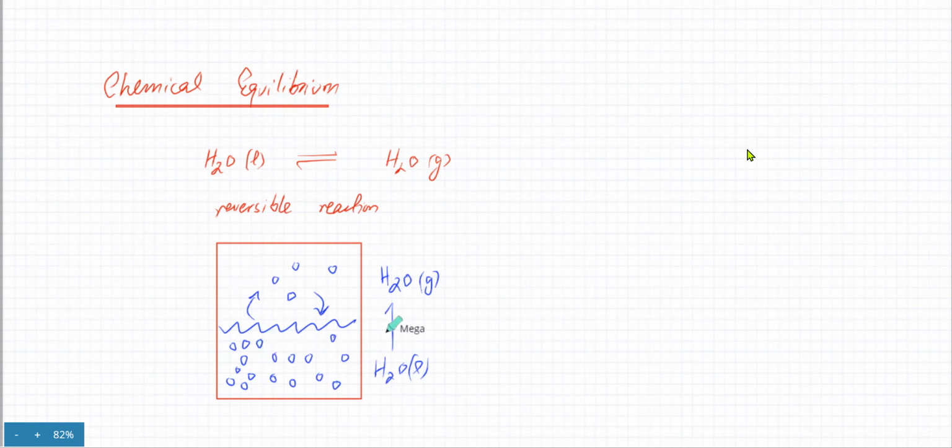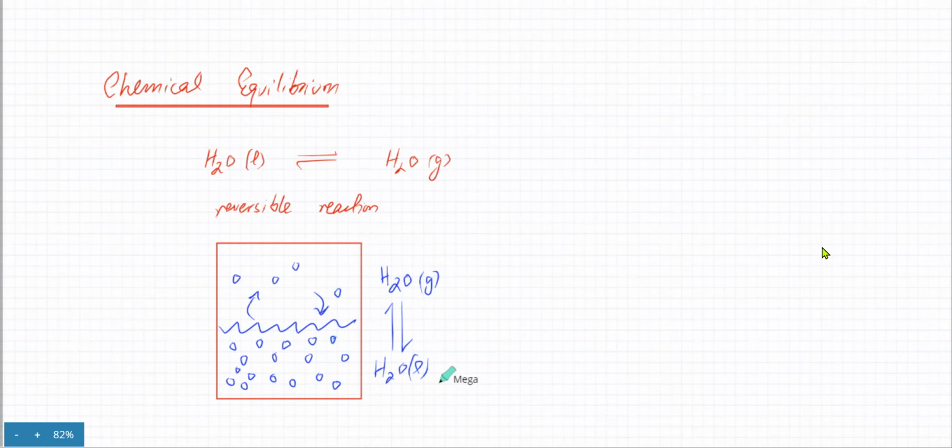The net number of molecules would remain exactly the same. There's not going to be any net change in the amount of particles present in gaseous state or in liquid state. So every second two molecules evaporate, and every second two molecules condense back again. So the amount of particles is still four. That means the amount is not changing.